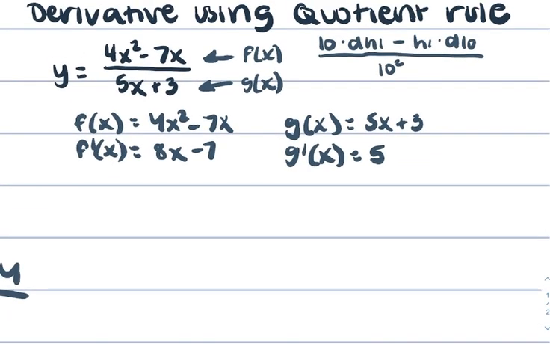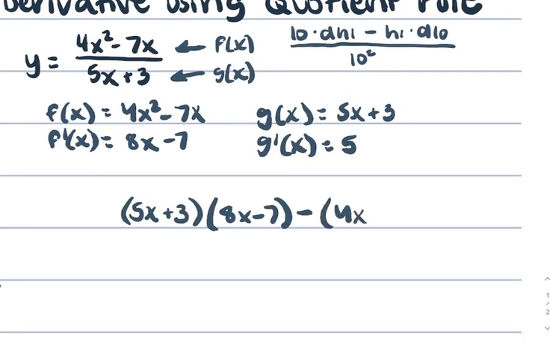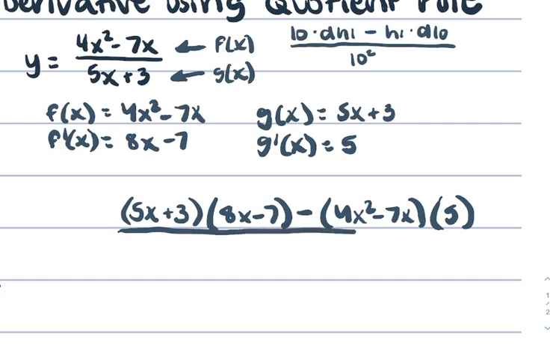And so to set up our derivative, we need the low, which is 5x plus 3. It's good to use parentheses so you can organize stuff, times the derivative of the high, which is 8x minus 7, minus the high, which is 4x squared minus 7x, times the derivative of the low, which is simply 5, and then divided by 5x plus 3 squared.